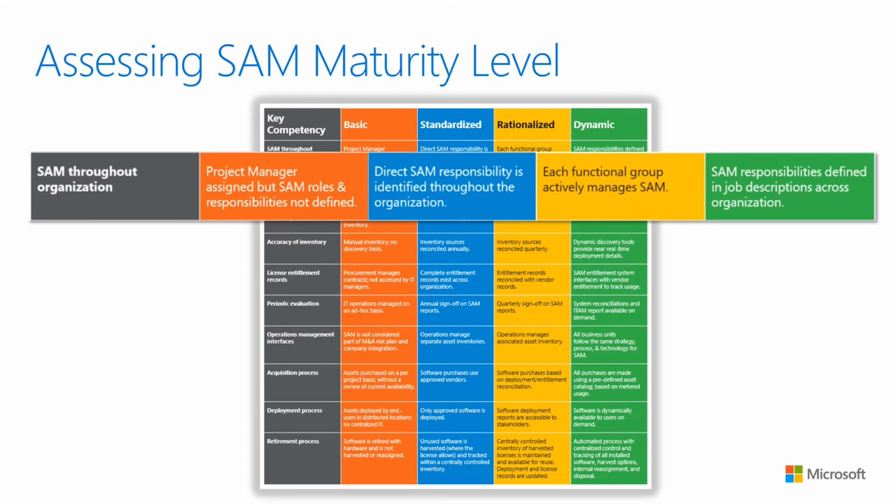However, remember that although the final goal might be an end-to-end SAM program, organisations should work on moving through one level at a time. We've just looked at one of the key competencies in this module to give you an idea of how the SOM works. We're actually going to cover all of the other competencies as we continue through the other modules in this track.